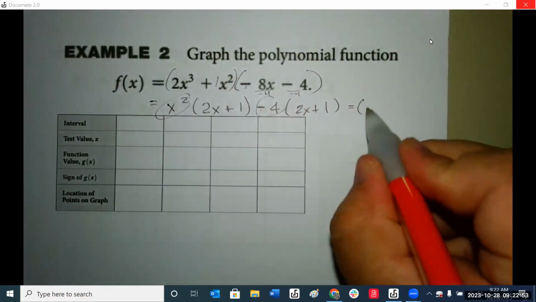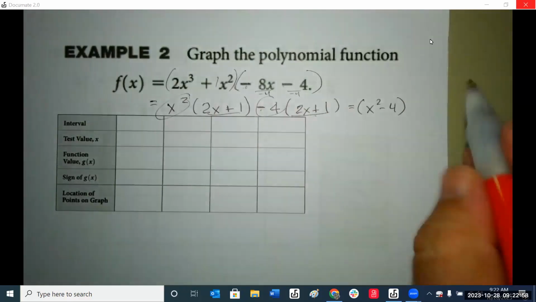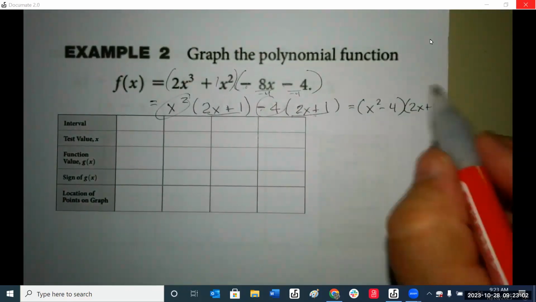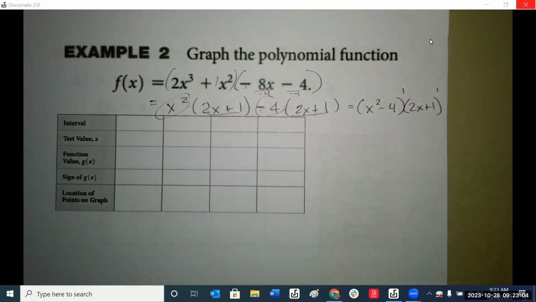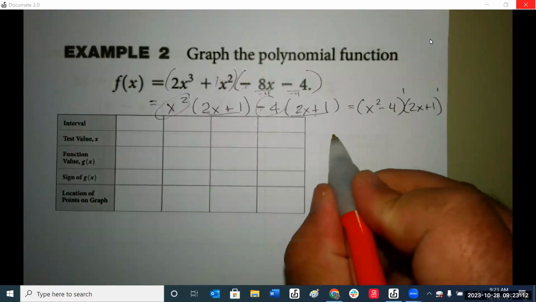The coefficients get their own parenthesis. And since these two are the same, they stay together, and both of the exponents are 1. So at those x-intercepts, they're going to cross.